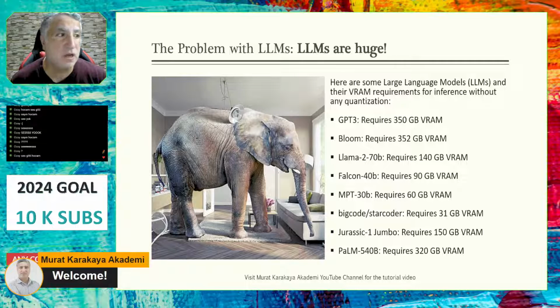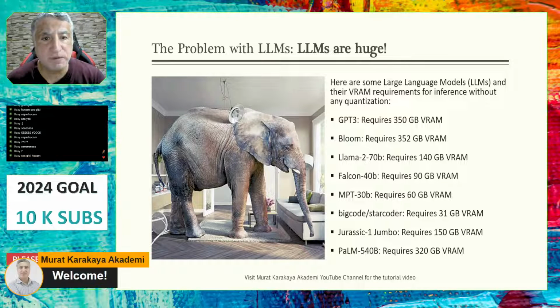Large language models are huge in the sense that they require a lot of GPU RAM. Here on the slide, you see several of the open large language models, and they are very huge. Actually, we mean that you cannot fit these open large language models into an end user's GPU.